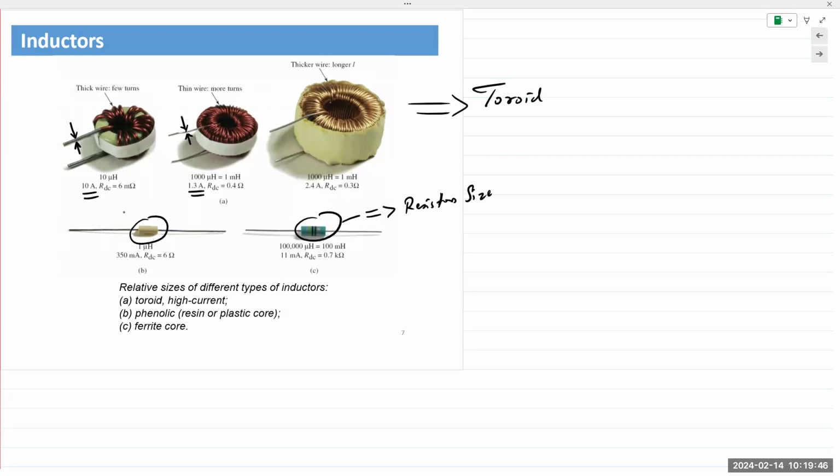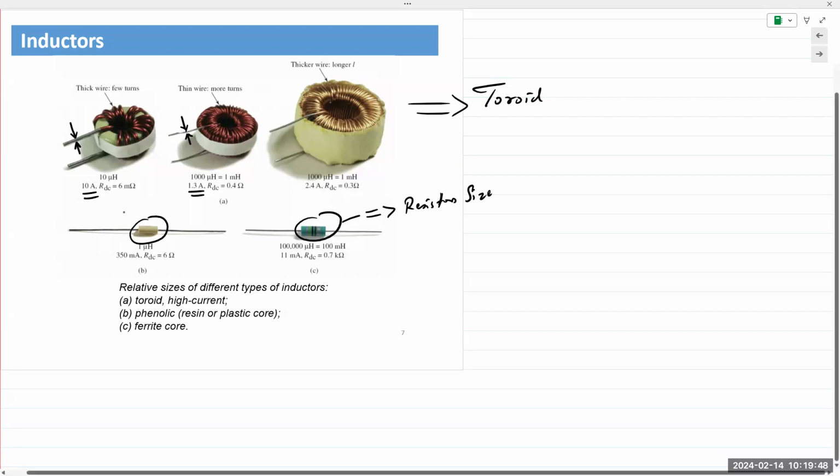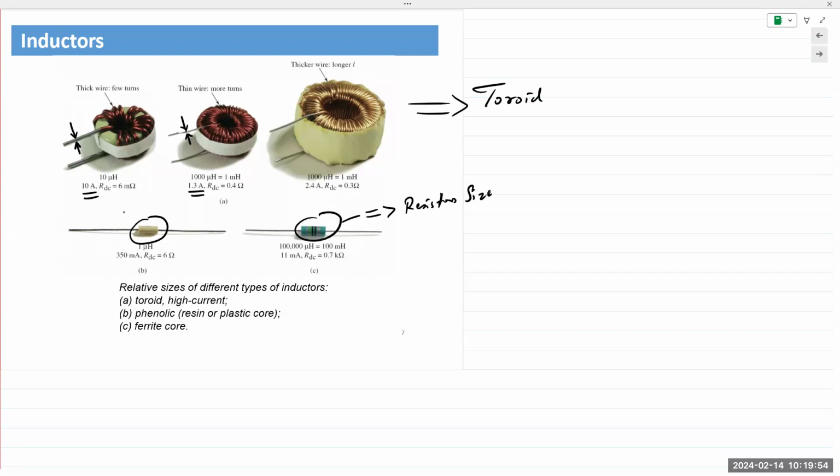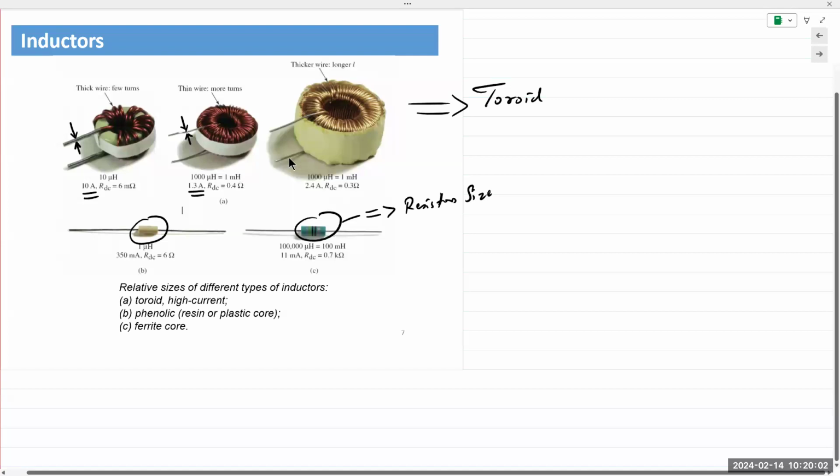So 10 amps is very large. Typically, electric and electronic circuits deal with currents on the order of milliamps, sometimes even microamps. The USB spec is 5 volts and 0.5 amps, which is 500 milliamps. So 10 amps, again, is a huge amount of current.